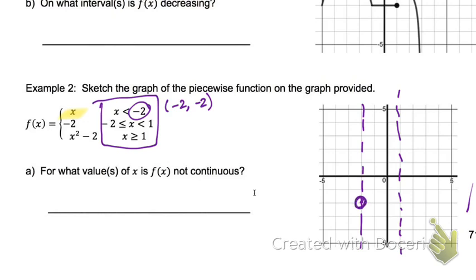Open, because it's just less than. And then I draw the rest of that graph to the left. So is it going to be going up 1 to the left 1, or down 1? I just plugged in -2 here.